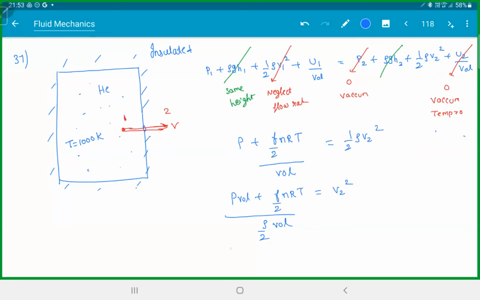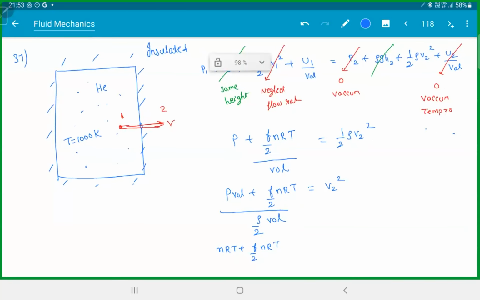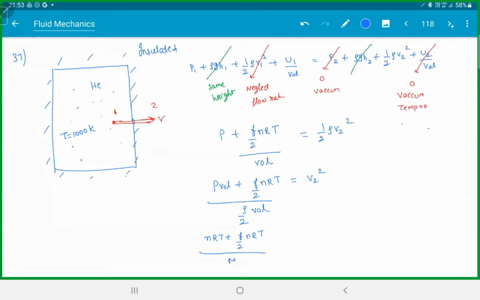What is PV? PV is nRT, right? PV is nRT plus F by 2 nRT. What is rho into volume? Mass. And 2 goes up. This is your v2 square.